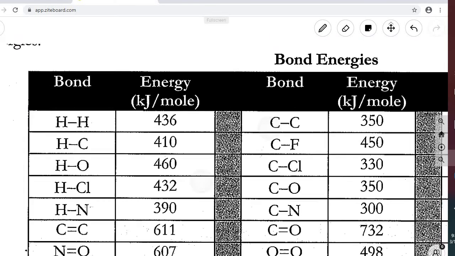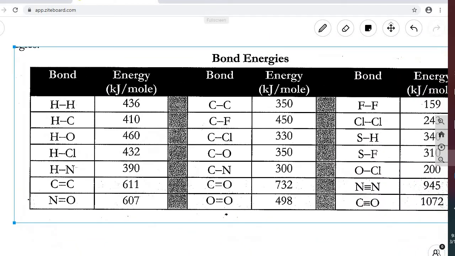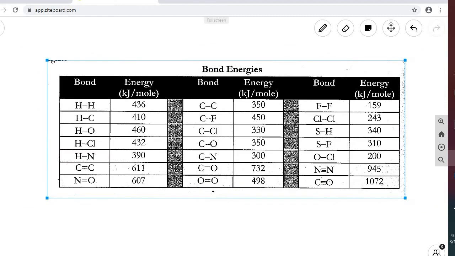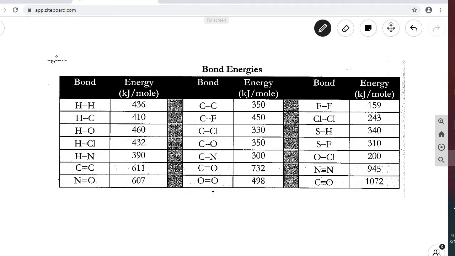Okay, so this is a table of bond energies associated with bonds between different atoms. Here we see that a hydrogen to hydrogen bond requires 436 kilojoules to break that bond.